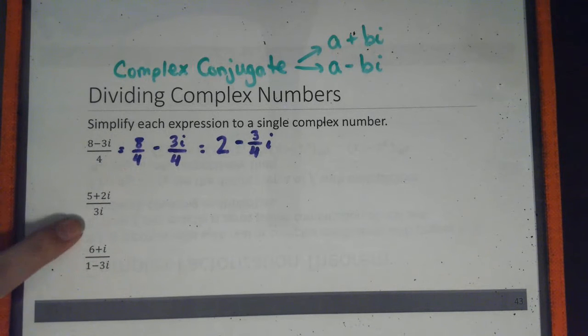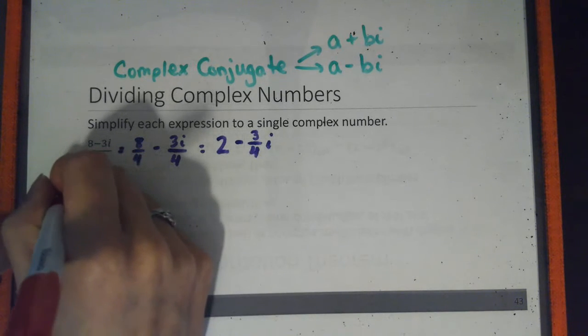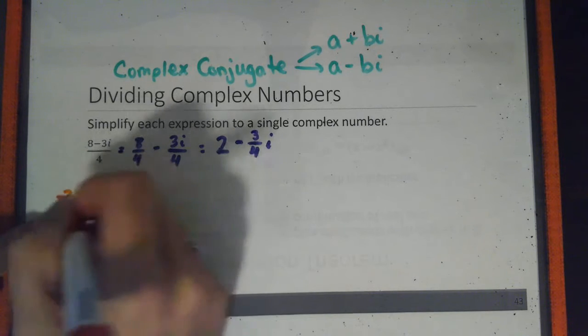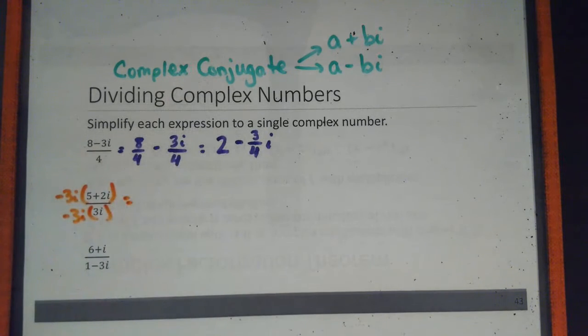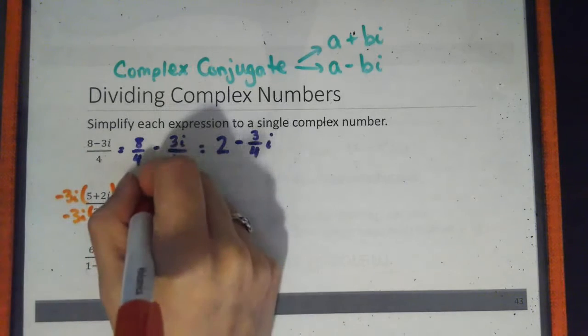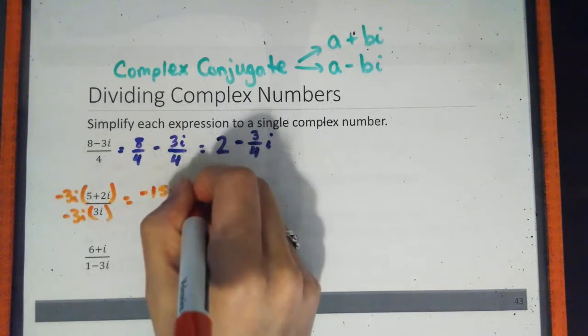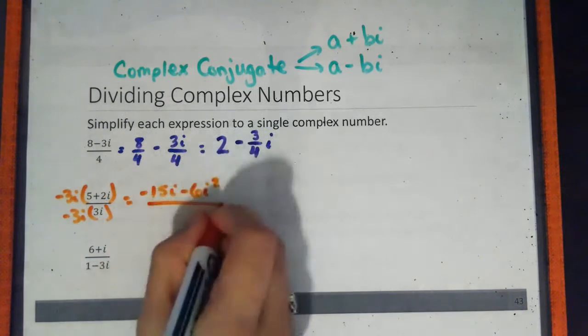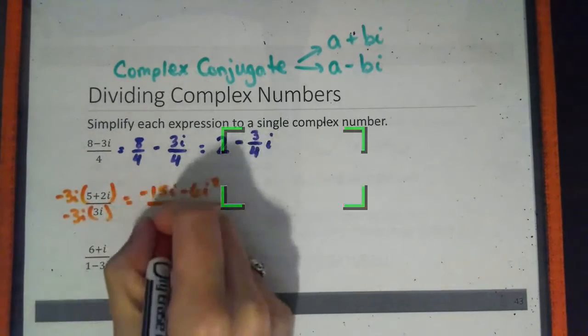So right now, this is 0 plus 3i. So I'm going to multiply numerator and denominator by 0 minus 3i. So I'm going to multiply it by a negative 3i in the numerator and the denominator. In my numerator, I'm looking at negative 15i minus 6i squared over negative 9i squared.